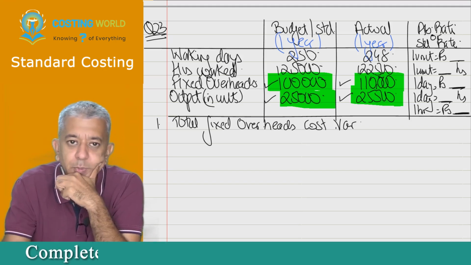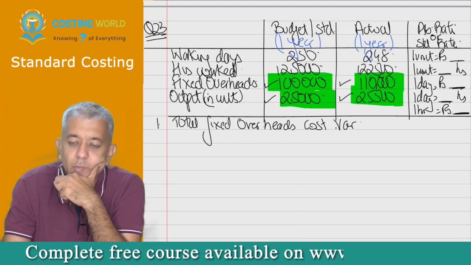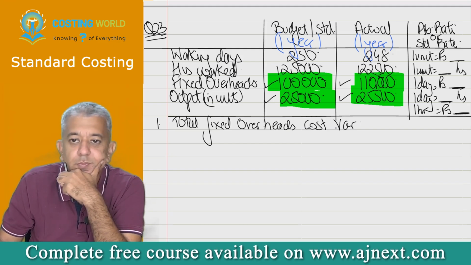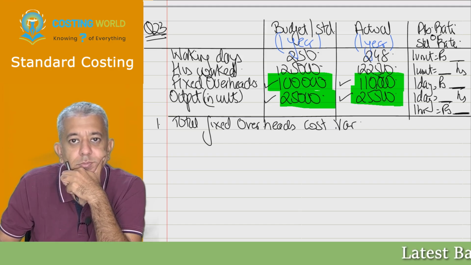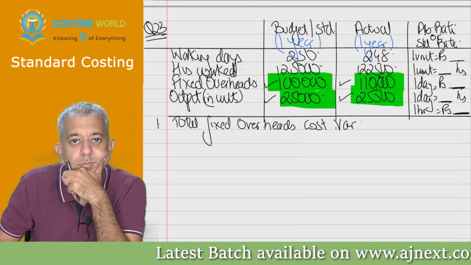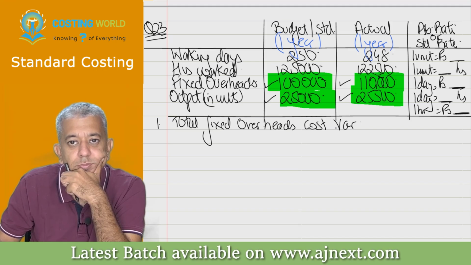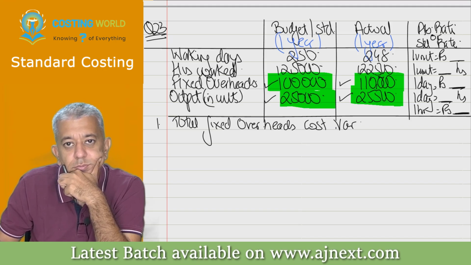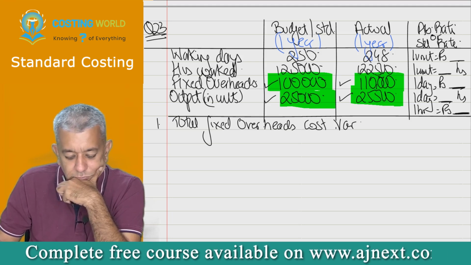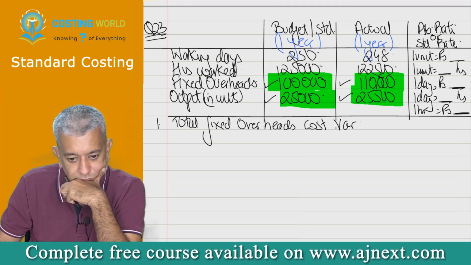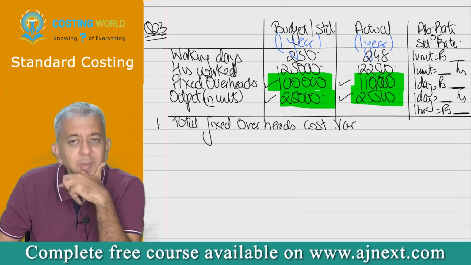Everybody try to compute, please. 8,000, you all got?